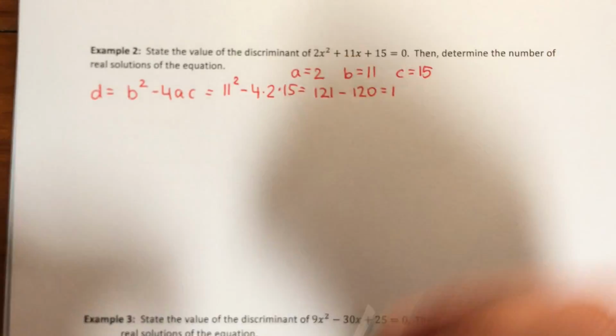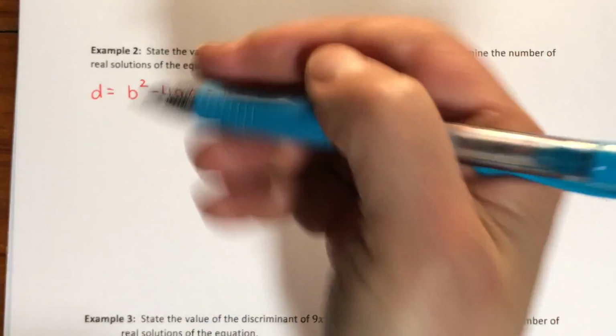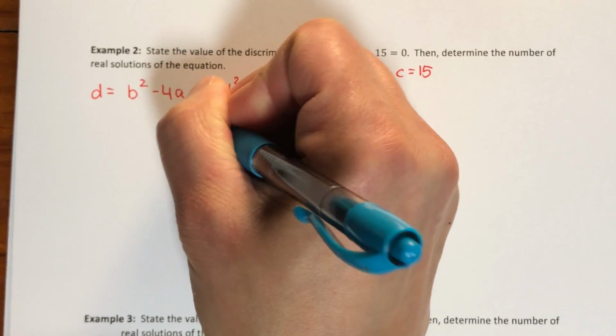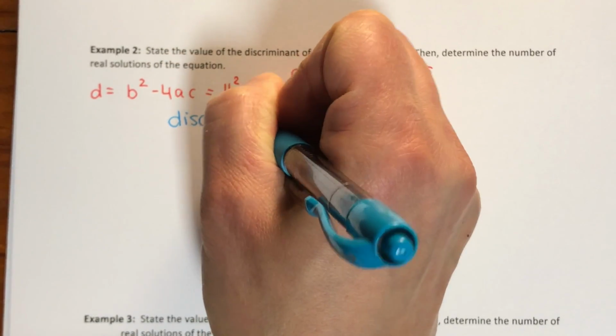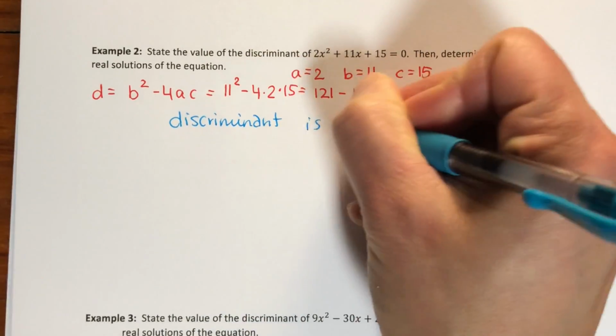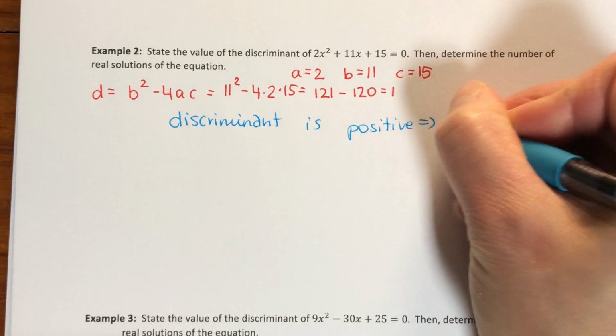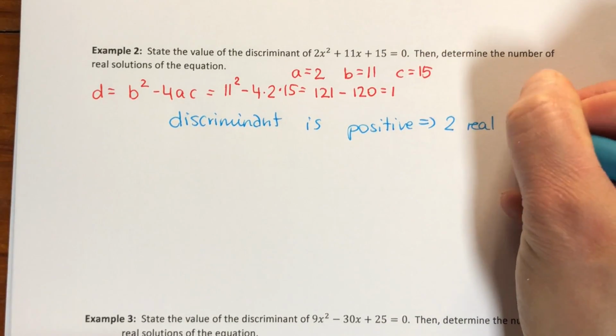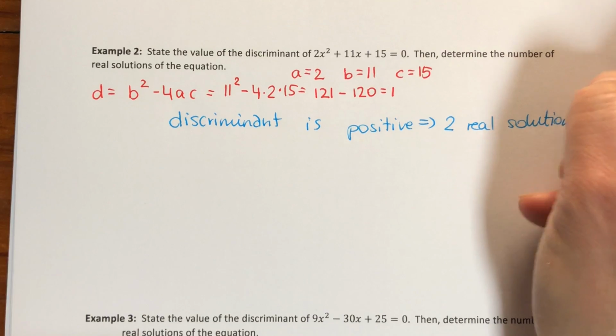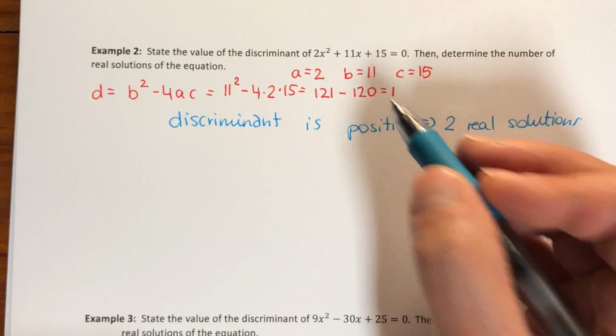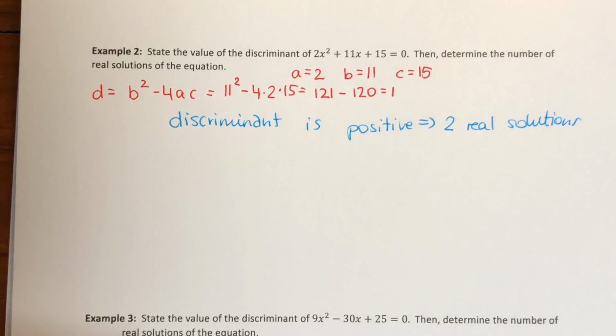Because the discriminant is positive, I will have 2 real solutions. It does not matter what this number is, as long as it is positive. That is telling me that our equation is going to have 2 solutions.